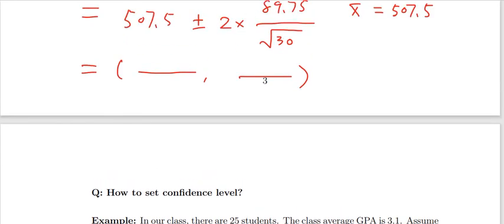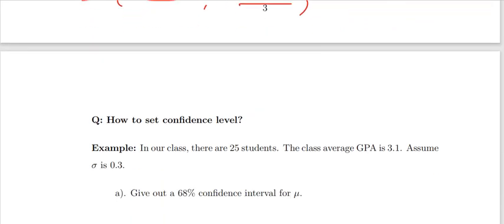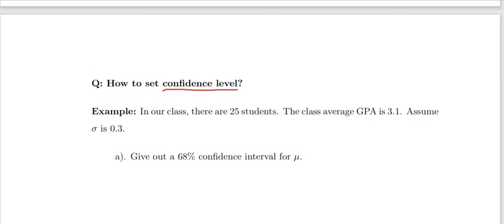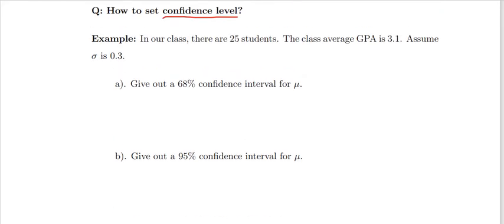Okay, so in those examples, for confidence interval, the confidence level, we say this 95% or 68%, is the confidence level. Because 68, 95, we know this is 1, 2.